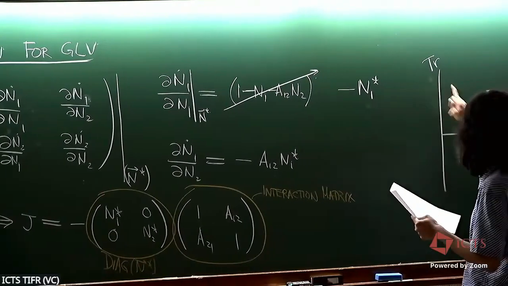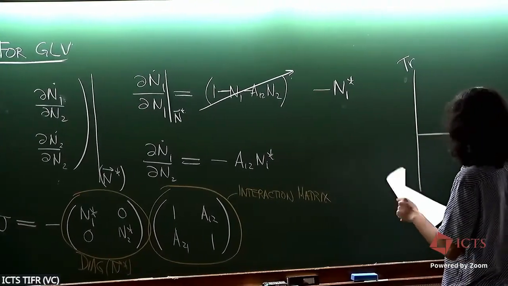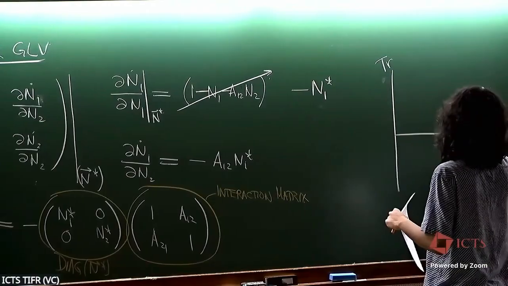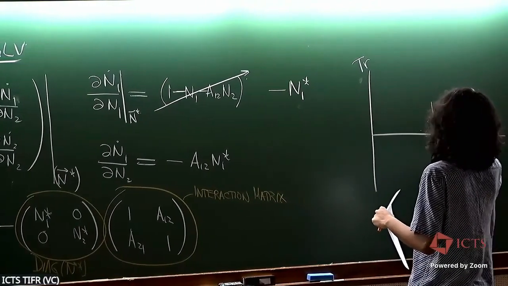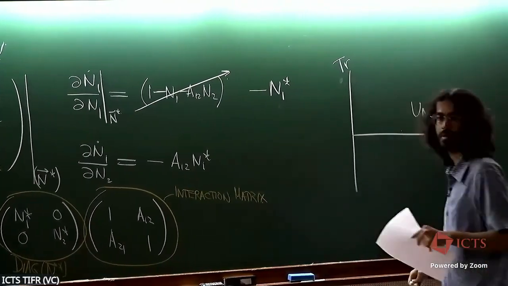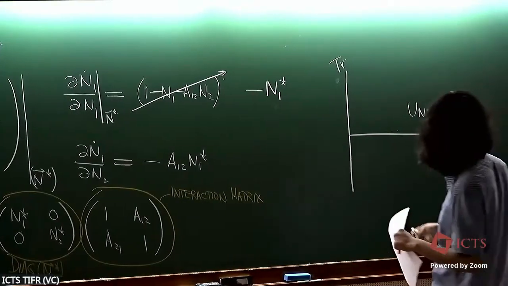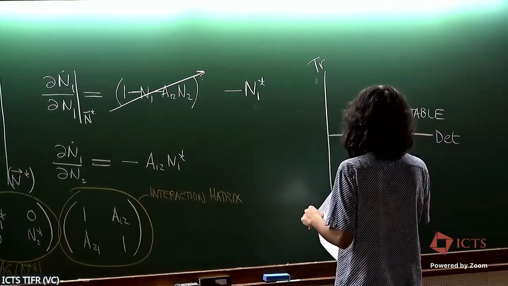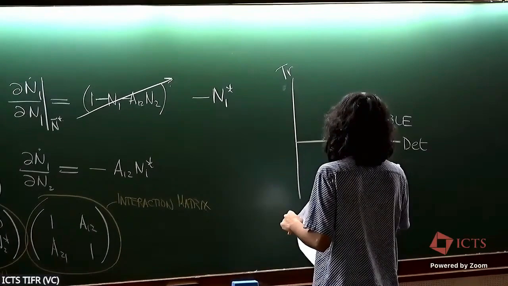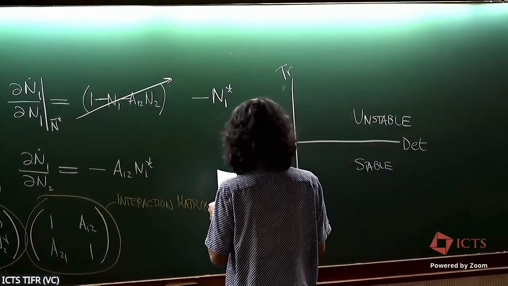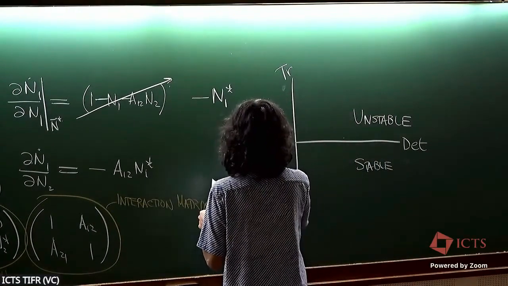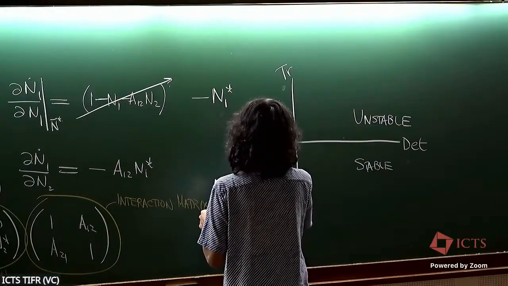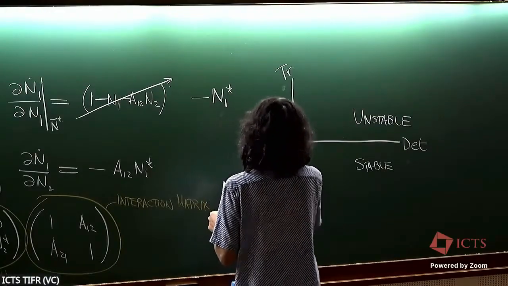But if you have trace and determinant, usually this bit over here is unstable. If you have a positive trace and a positive determinant, that's really unstable. Positive determinant and negative trace is stable. And over here you get saddles, which are also basically not stable, right?